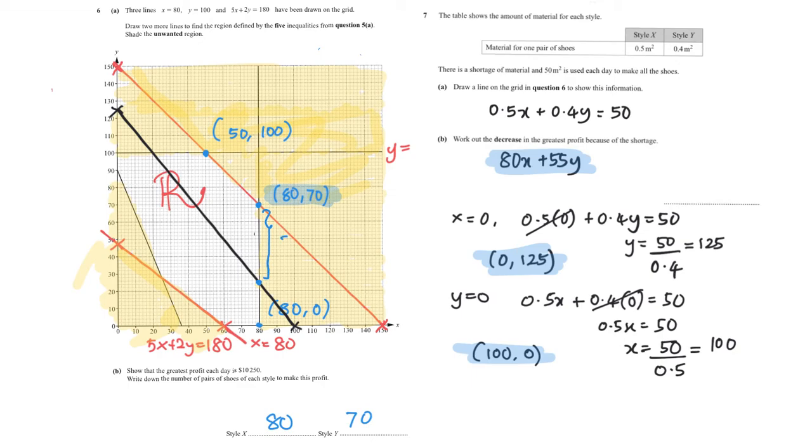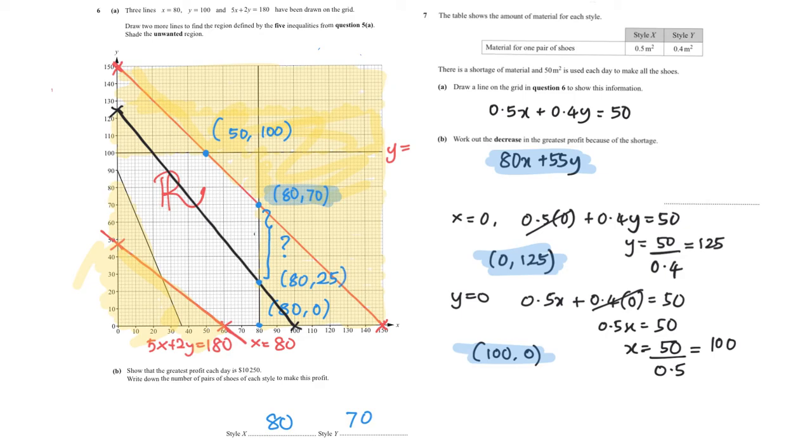What is the decrease here? So what we can do is find the coordinate here, which is, I think, 80 and 25. Is it 80 and 25 here? Yeah, about that, 80 and 25.